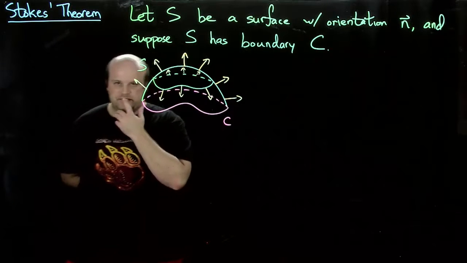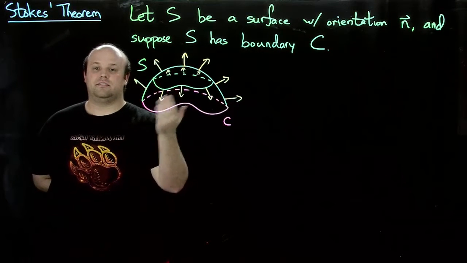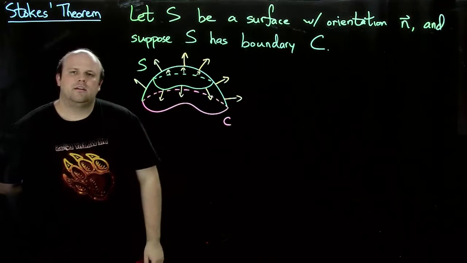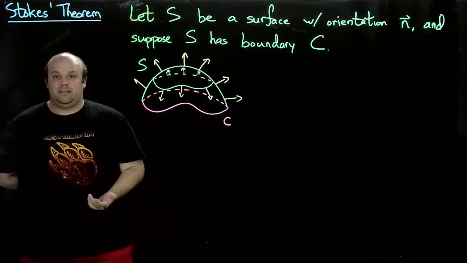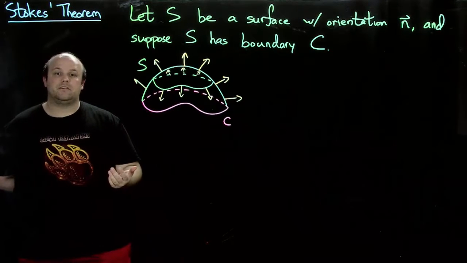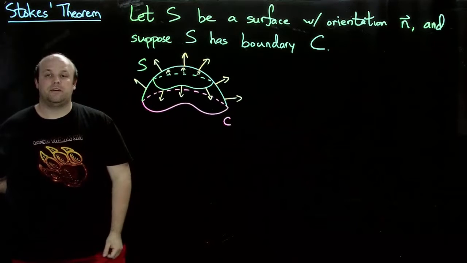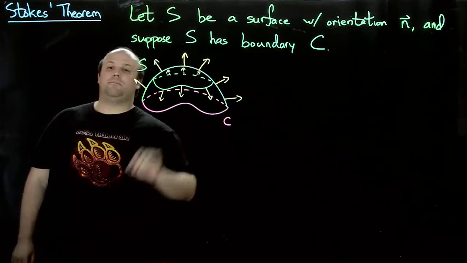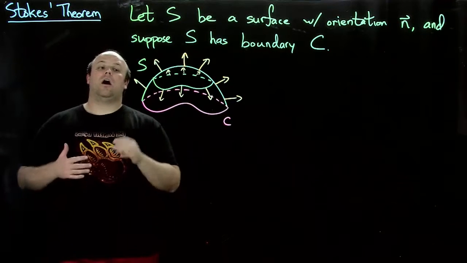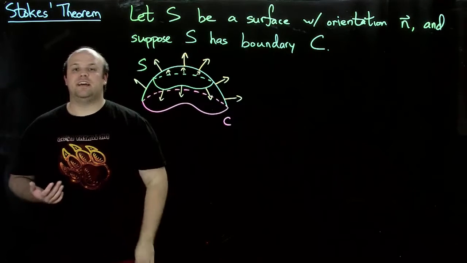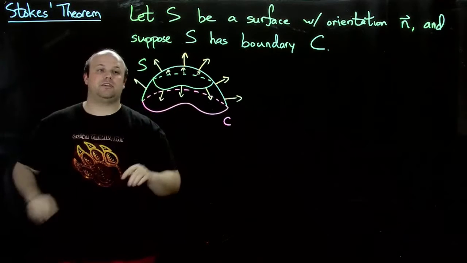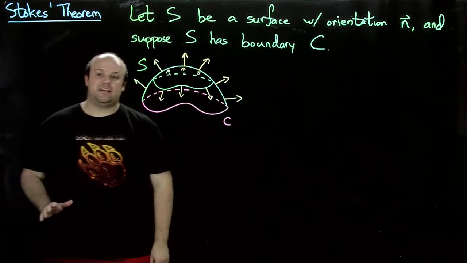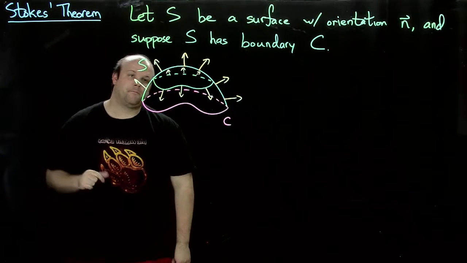Well, it's a little ambiguous here because there's two sides to the surface. There's kind of this outside part, and then there's the inside part. So you could ask, what does it mean then to be positively oriented, or to induce an orientation on the boundary? Well, the way we think about it is we walk along the boundary C, and we walk on the side of the surface S where our head points in the same direction as these normal vectors, right? And then we say that the surface should be on our left, right?